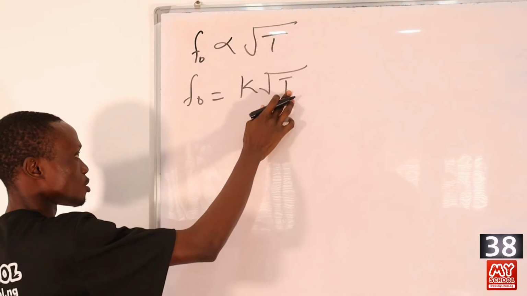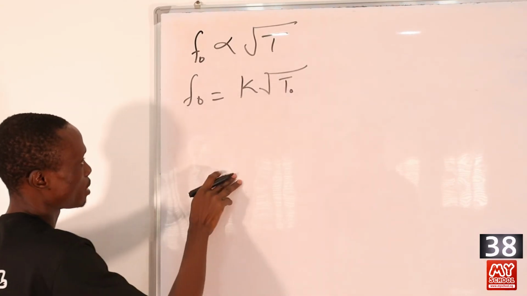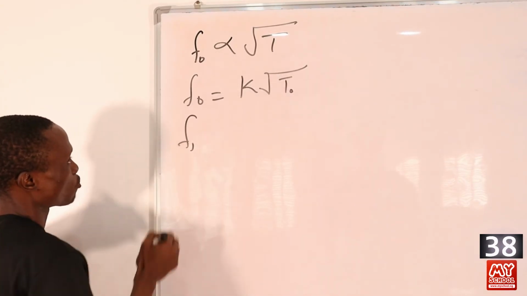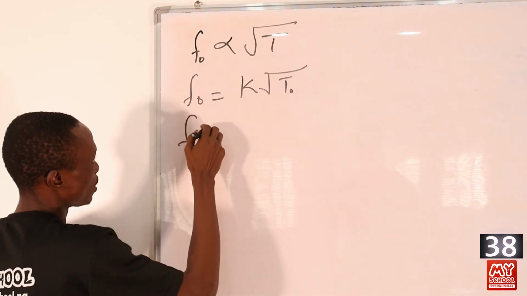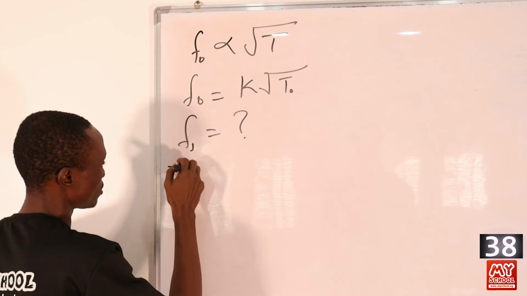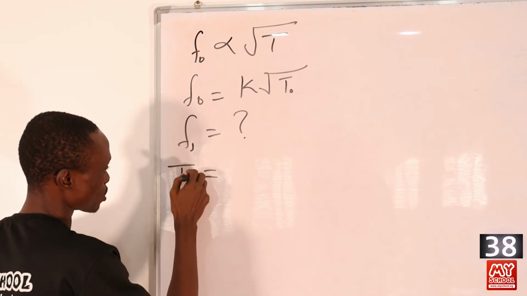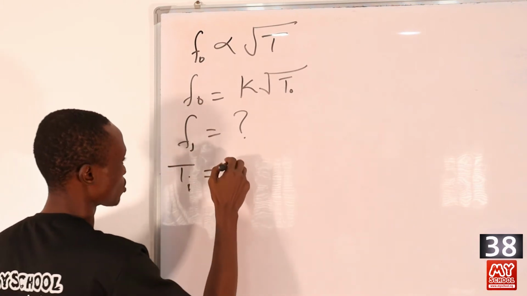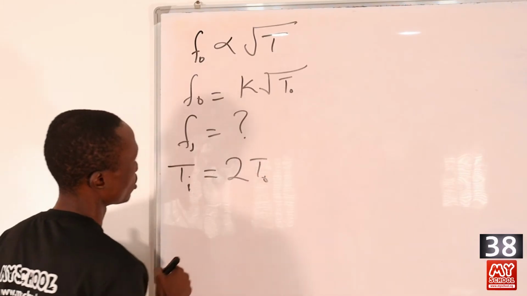So this is the original tension, so let's call it T0, right? Now this is the new frequency, and the new frequency is what we are looking for, while the new tension, let's call it T1, but we are told that it was double the original, so it is 2T0, right?